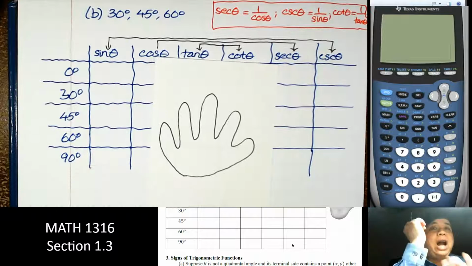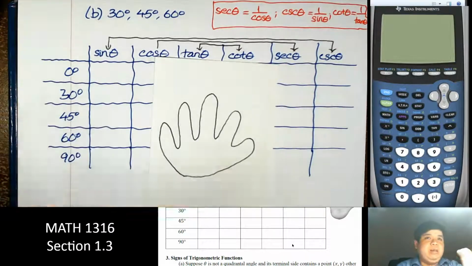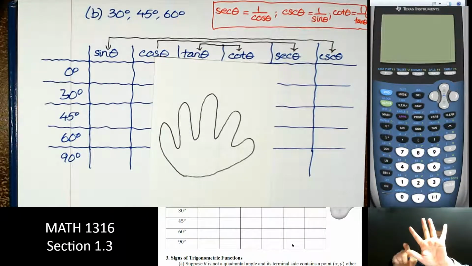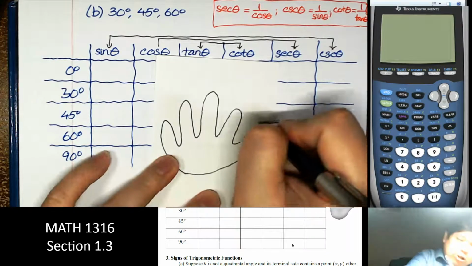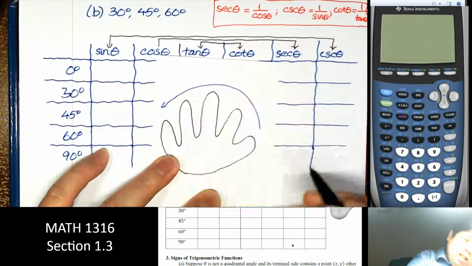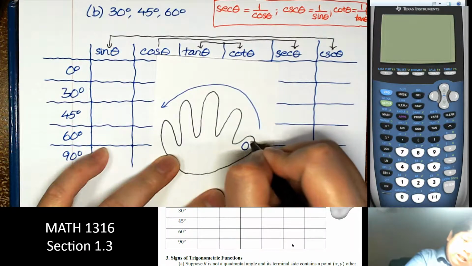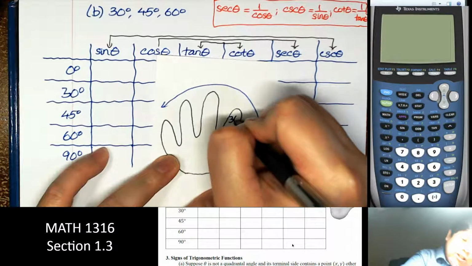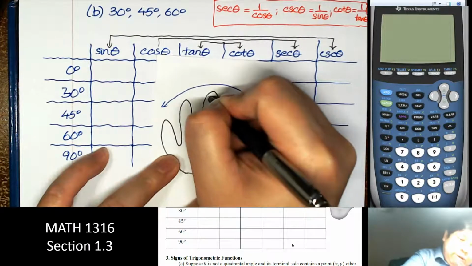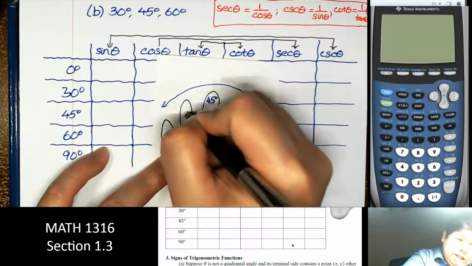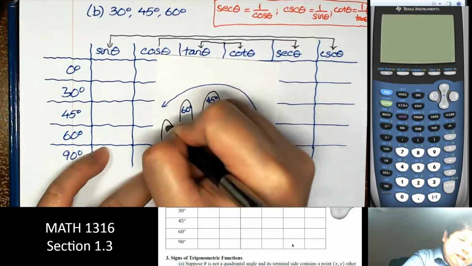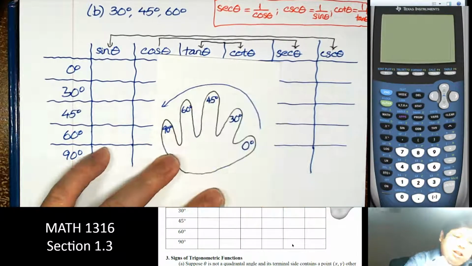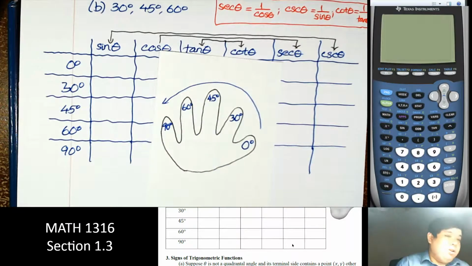And remember, we go counterclockwise. So we go from 0 degree here, 30, 45, 60, and 90.